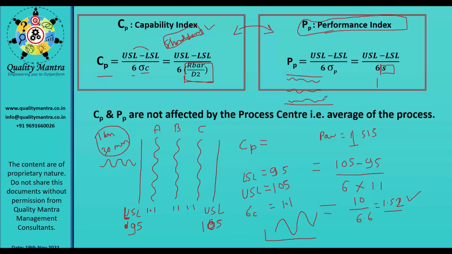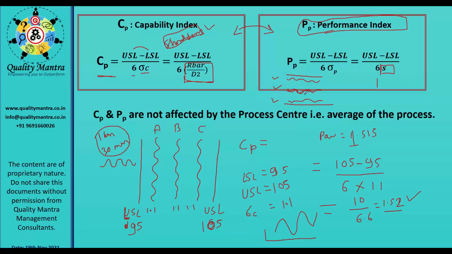If the variation is the same, your PP and CP value will be the same, whether you calculate the CP for this scenario or this scenario, because the variation is the same. So it doesn't matter where your process is running when calculating this.